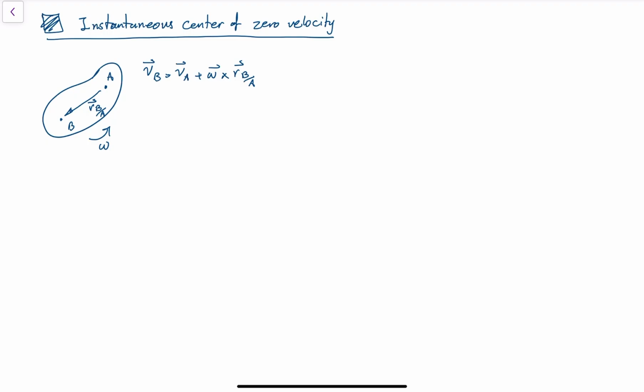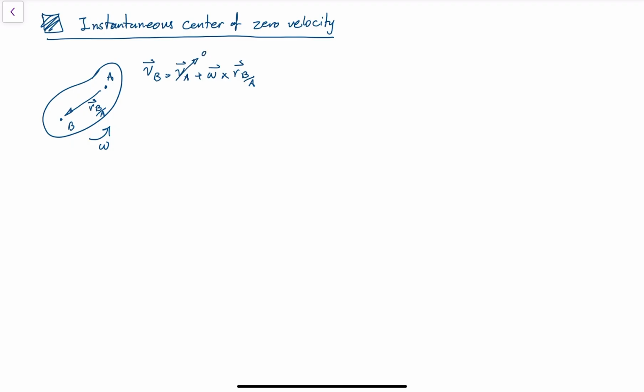Notice what happens if point A is actually a fixed point. If A is fixed, it means the body is rotating about that fixed point A, so you're dealing with a pure rotation.